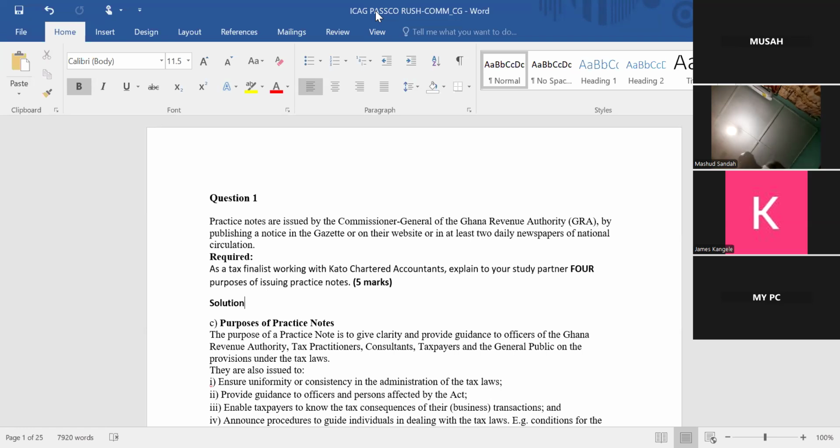So today, being the first time, we are going to look at tax administration in Ghana. The tax administration in Ghana has evolved over time. It has gone through several changes.